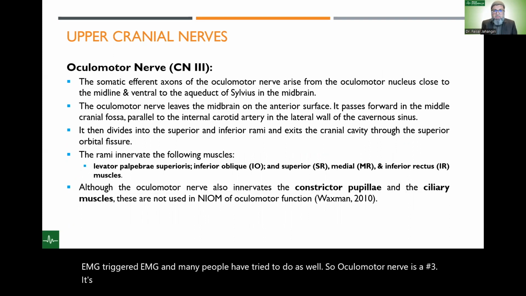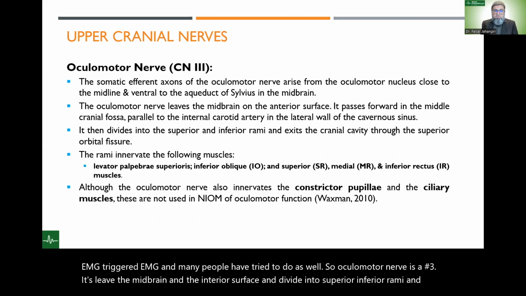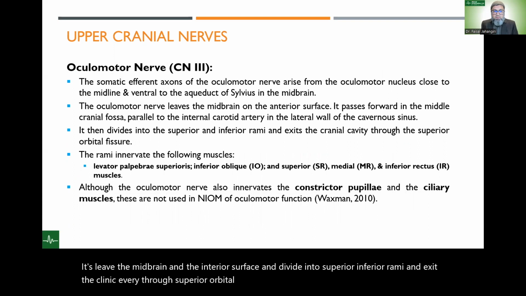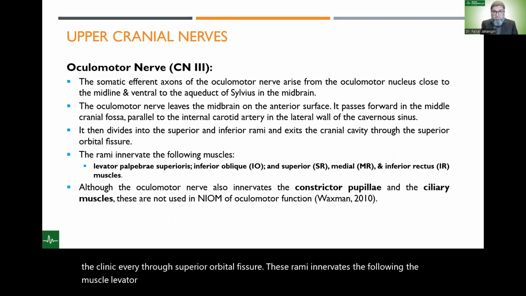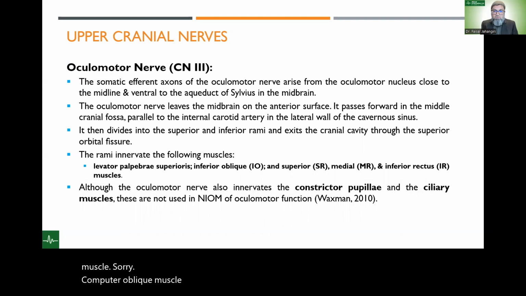It leaves the midbrain at the anterior surface, and it divides into superior and inferior rami and exits the cranial cavity through the superior orbital fissure. These rami innervate the levator palpebrae superioris in the eyelid, superior oblique, inferior oblique, superior rectus, medial rectus, and inferior rectus muscle.